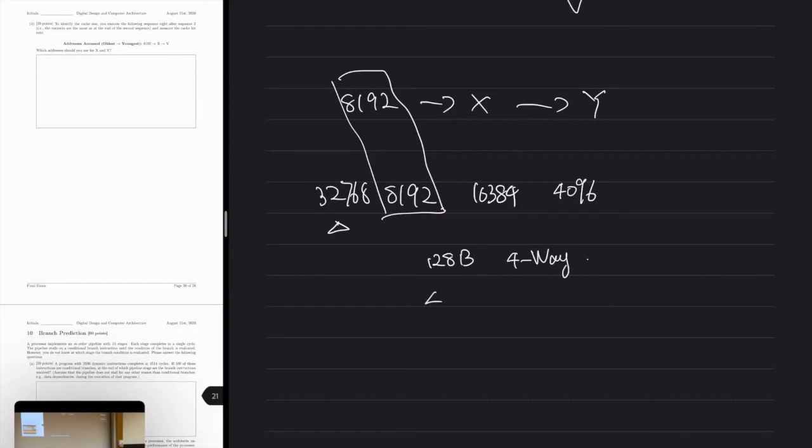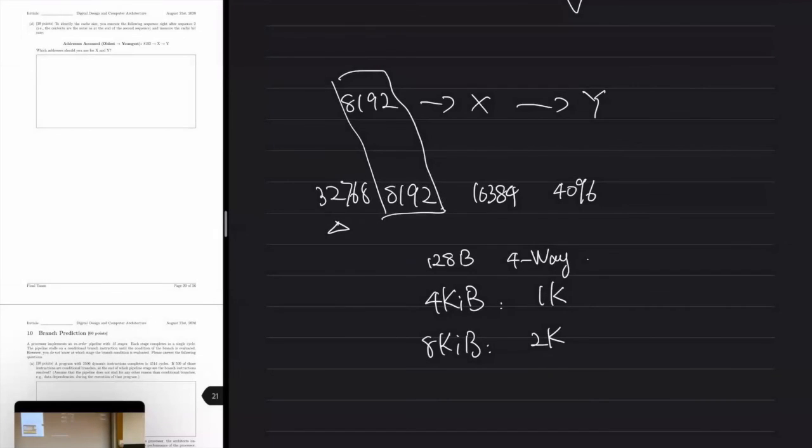This means that for 4K bytes, one set would be 1K large, so all the addresses that are multiples of 1K will hit in the same set. And for 8 kilobytes, all the addresses that are multiples of 2K will hit in the same set.